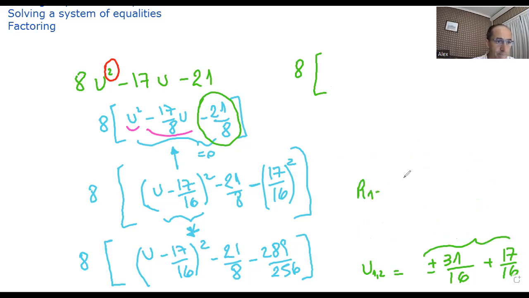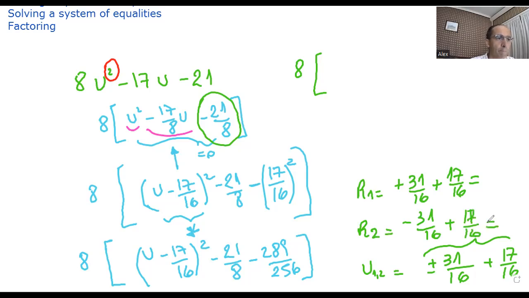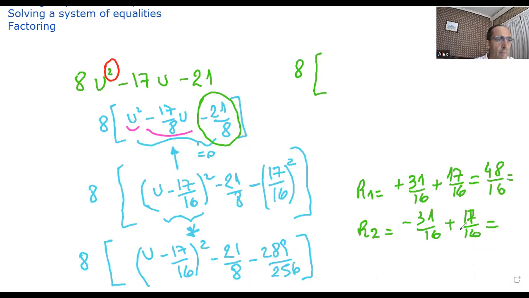Root 1 would be plus 31 by 16 plus 17 by 16, and root 2 would be minus 31 by 16 plus 17 by 16. That would be the roots. This would be 48 by 16, and this would be minus 14 by 16.